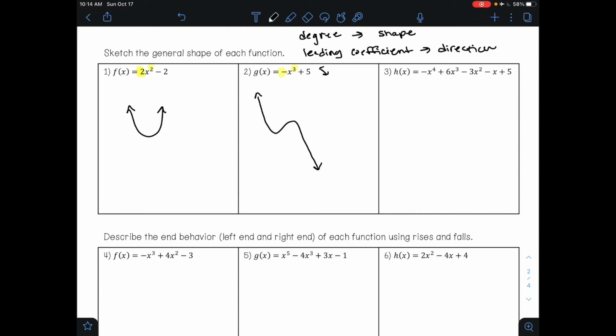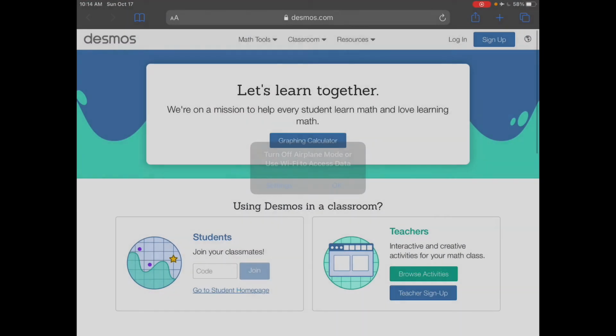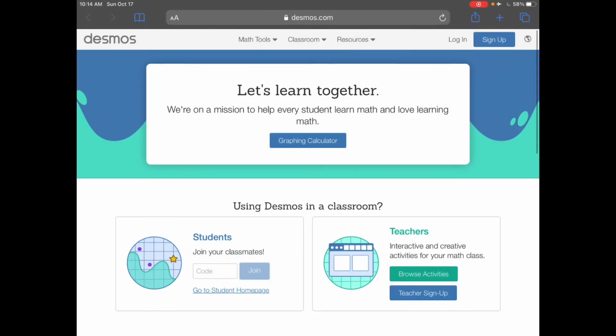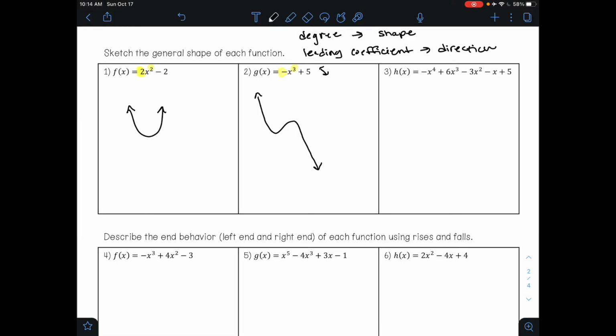And if this is completely blowing your mind as to how you're thinking about this, you could use a tool like Desmos. Go to desmos.com and click on the graphing calculator, and you can just type in the function. We are looking at negative x cubed plus 5.